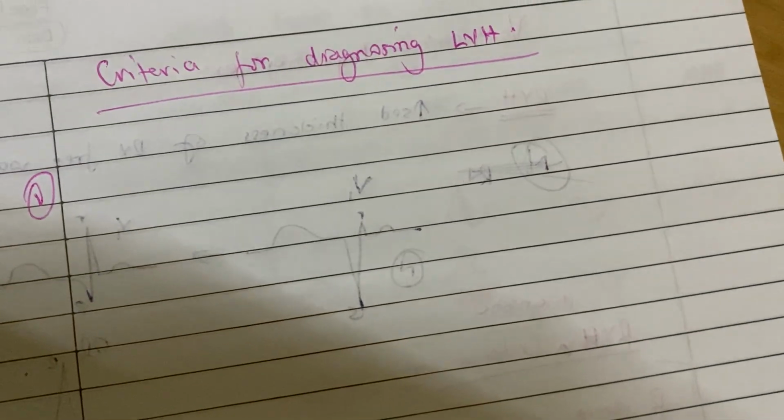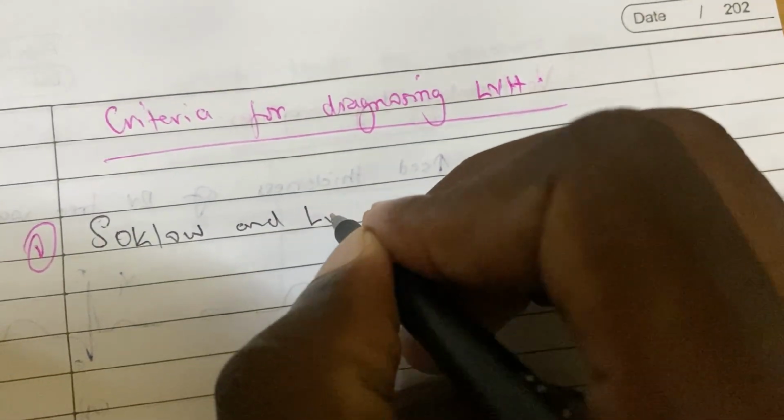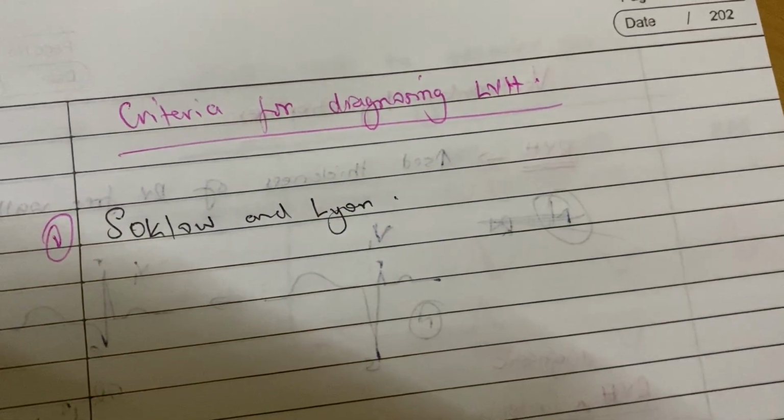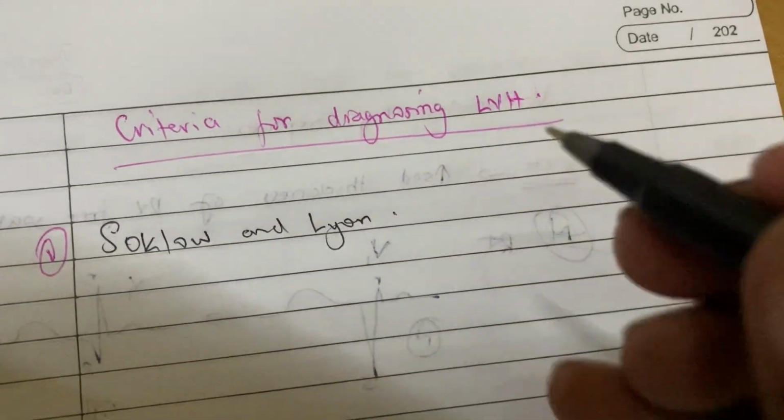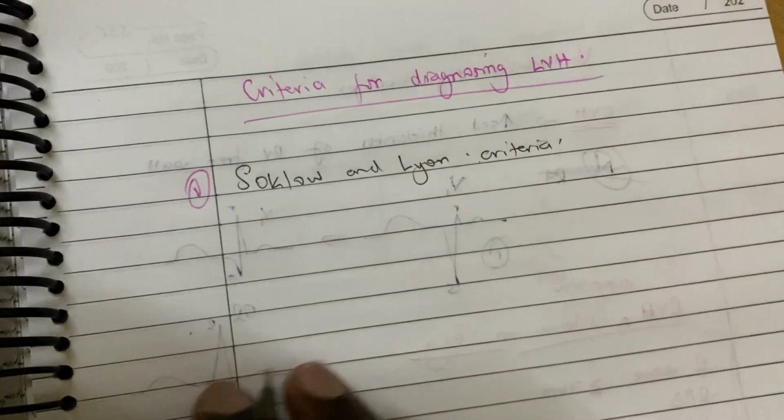It is called one criteria, Sokolow-Lyon. What does it say?